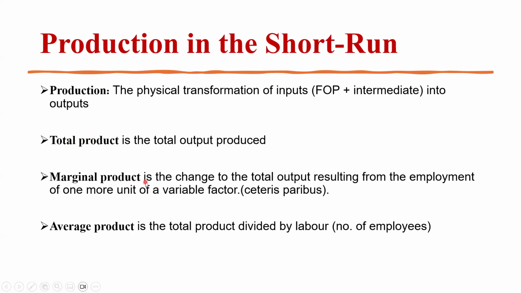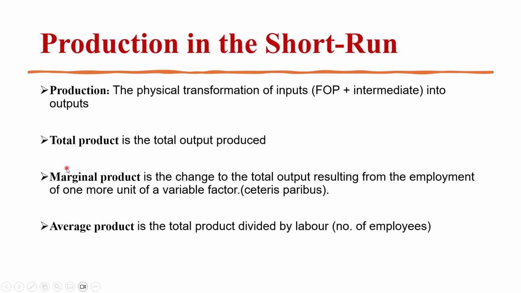The marginal product. So the marginal product they're saying here is a change in total output resulting from the employment of one more unit of a variable factor or of a variable input. So ceteris paribus, meaning that we keep everything constant, we're just looking at the variable factors. So when you see marginal, just think of extra or additional. So marginal product is extra product or additional product.